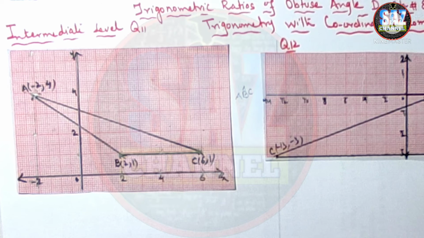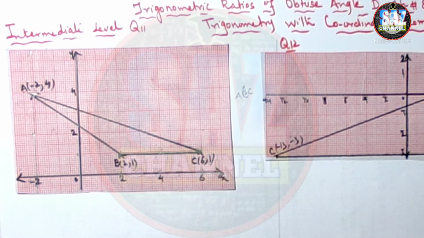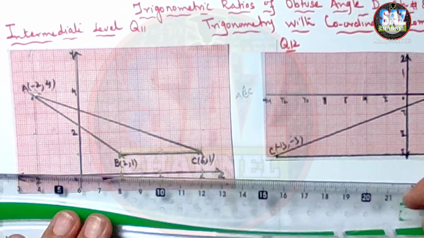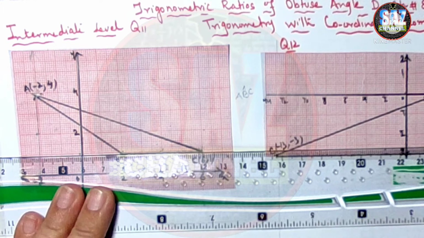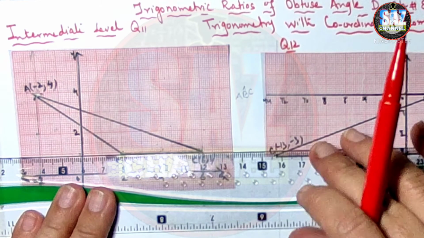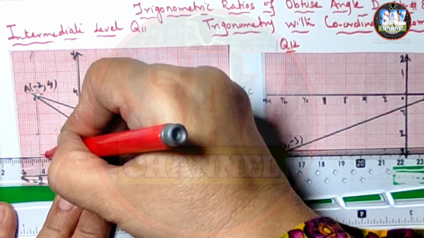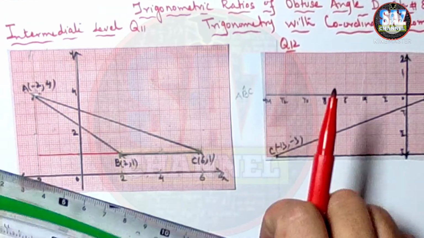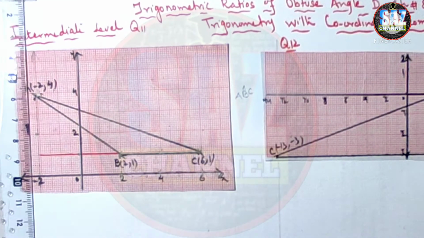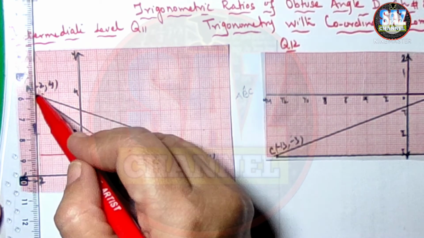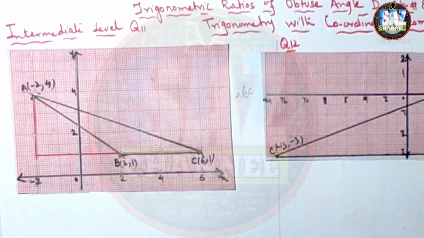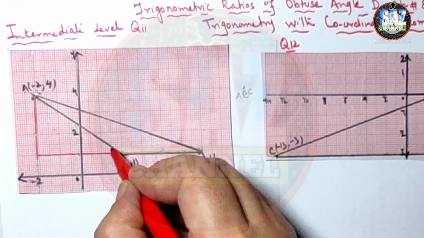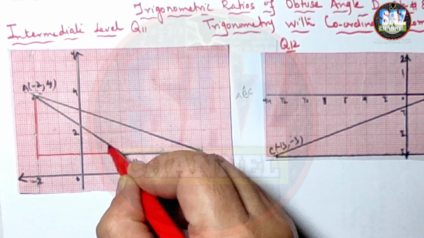So what we are going to do is attach a right angle triangle with this given obtuse angle triangle. When I'm drawing the line from vertex B, and from this point I'm drawing the height over here. Now this is the adjacent acute angle triangle that I'm attaching with this.